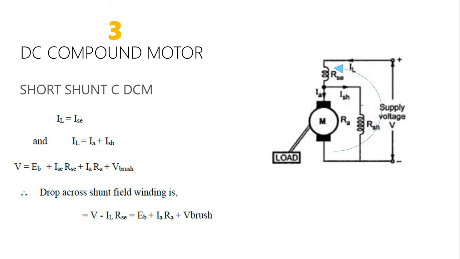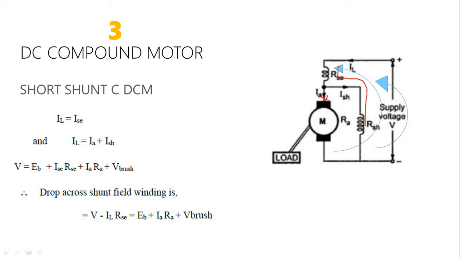So if you want the drop across the shunt field winding, by neglecting the armature you can apply KVL, so that we can get V minus IL into RSC.